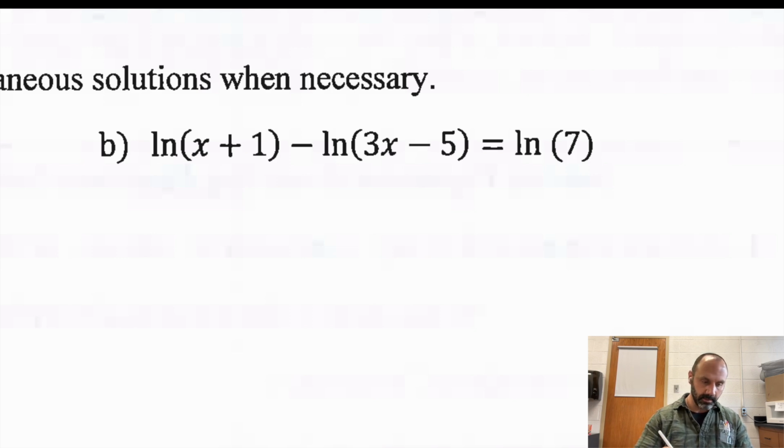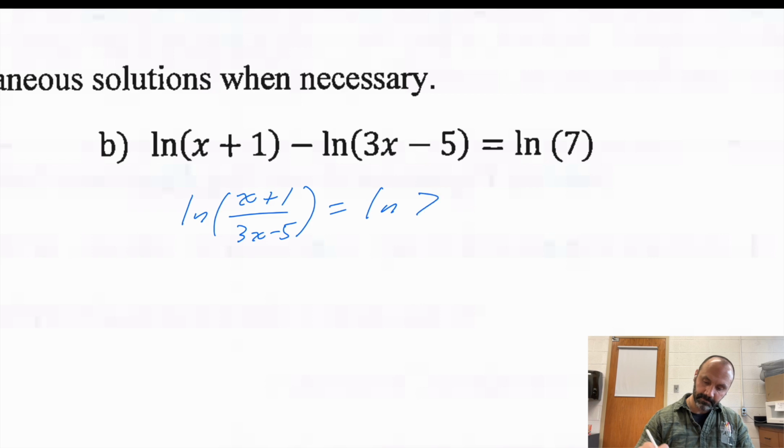Again, here I'm going to combine. These are subtracted, so natural log of x plus 1 over 3x minus 5 equals natural log of 7. And so now it's the same base, so I can just write x plus 1 over 3x minus 5 equals 7.